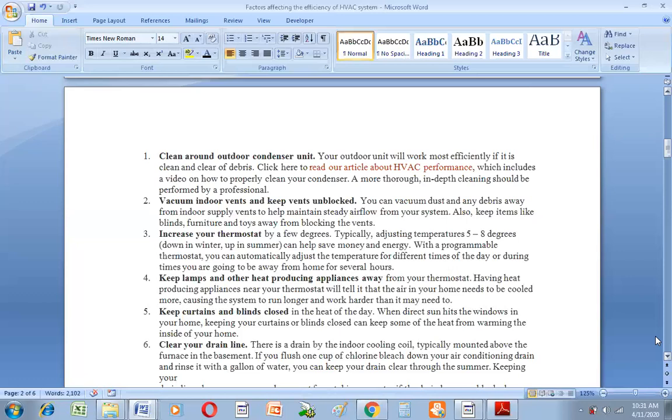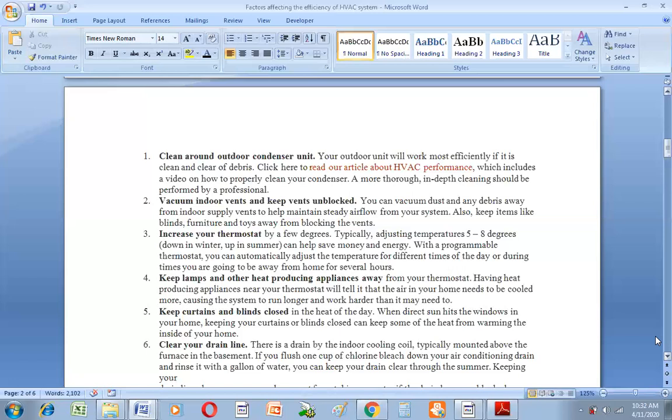The next thing is keep curtains and blinds closed. If there are curtains and venetian blinds, what happens if we do not keep curtains in closed condition? The sunlight will enter inside the room, and unnecessarily there will be heating of the room, and there will be load on the HVAC system.